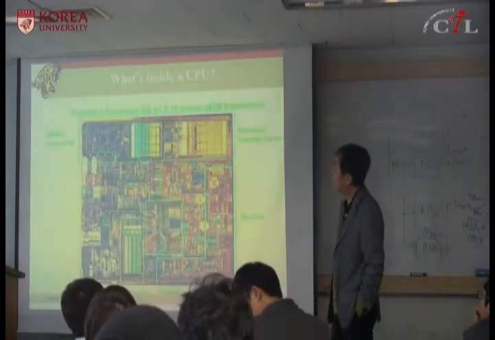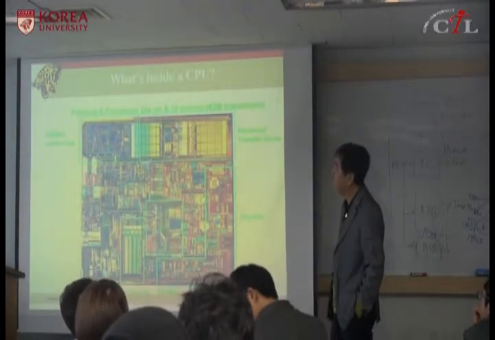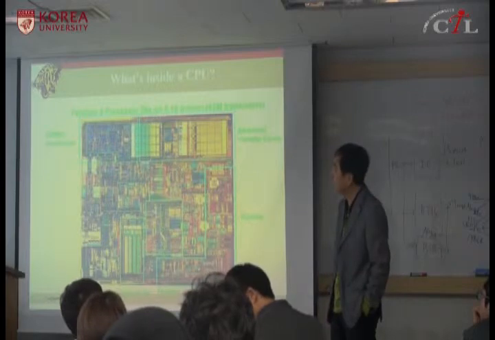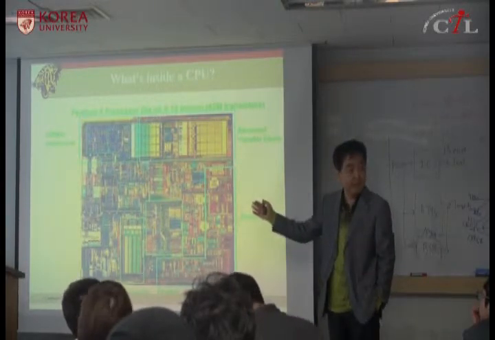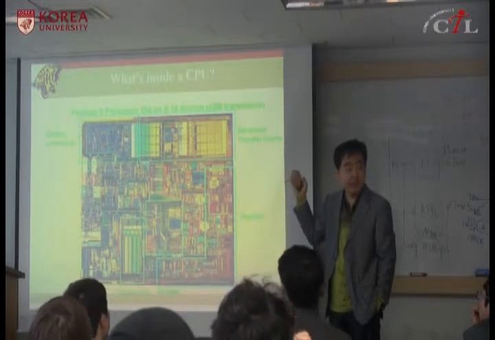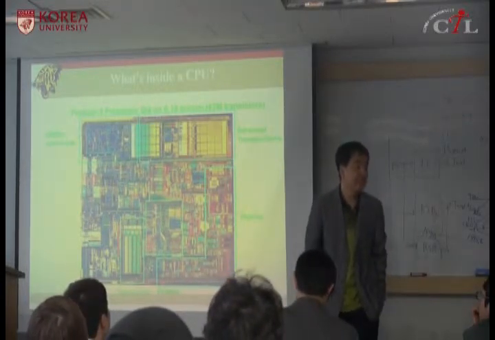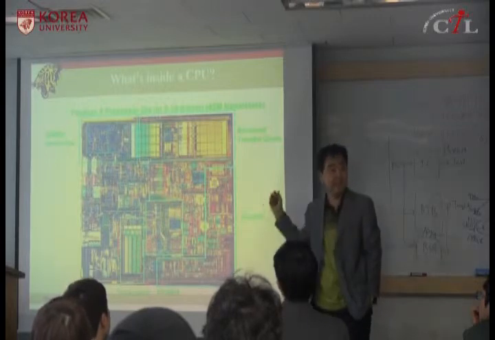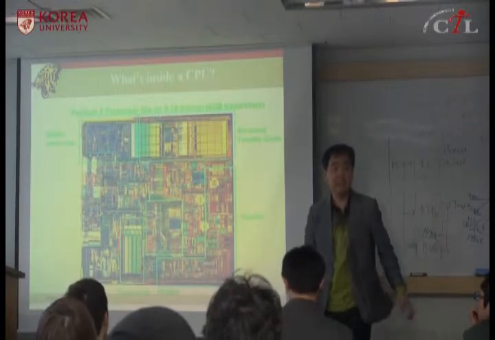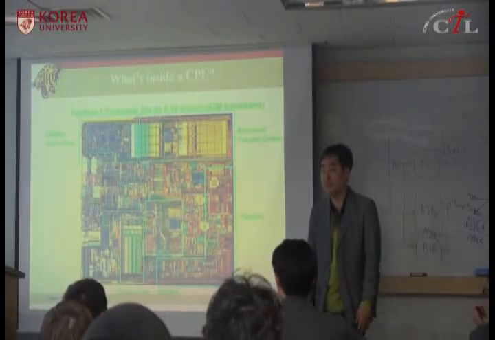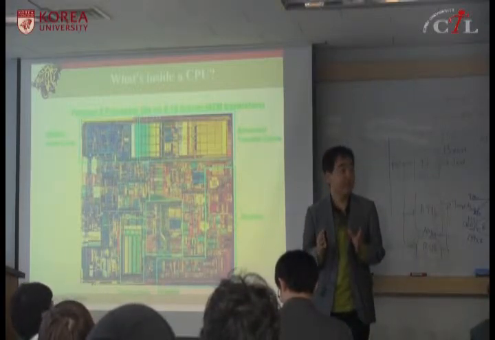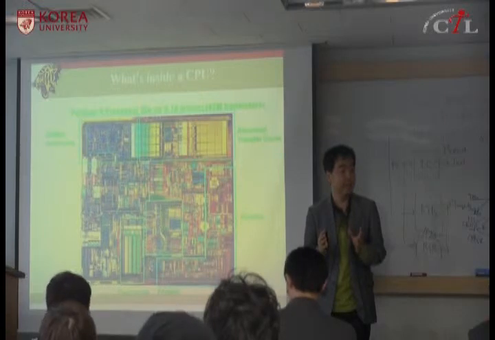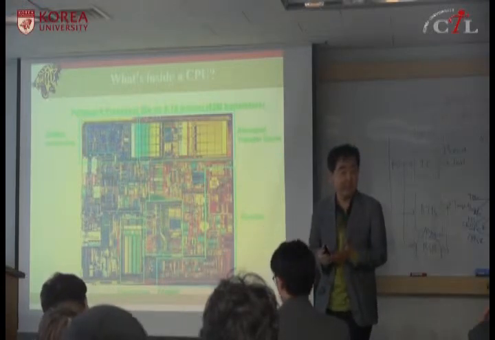And this is a processor chip. This example is Pentium 4. Actually, all this logic you can view as NAND gates. Everything is a NAND gate here. NAND gates and wires. That's all. So you can view processors as a collection of NAND gates. Even memory is NAND gates, right?